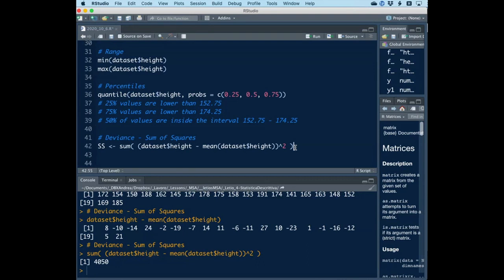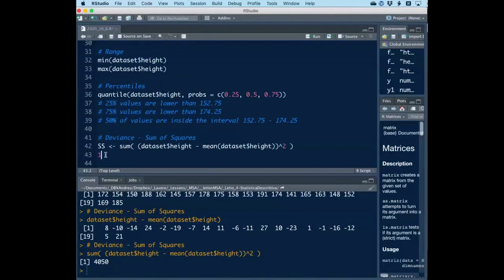Now, two things are important. First, the heights here are measured in centimeters. So what is the measurement unit for the deviance?